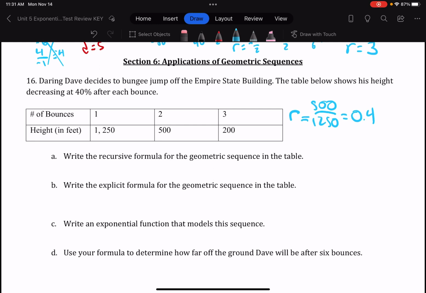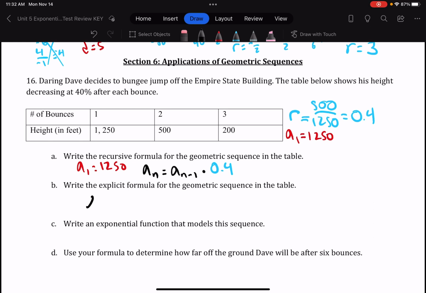So, there's my common ratio, and I know that my initial value, my a sub 1, was that 1,250 feet. So, in order to write the recursive formula, I've got a sub 1 equals 1,250, and I could say that a sub n is equal to a sub n minus 1 times my common ratio of 0.4.